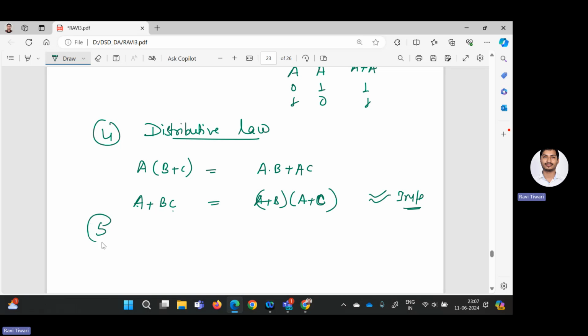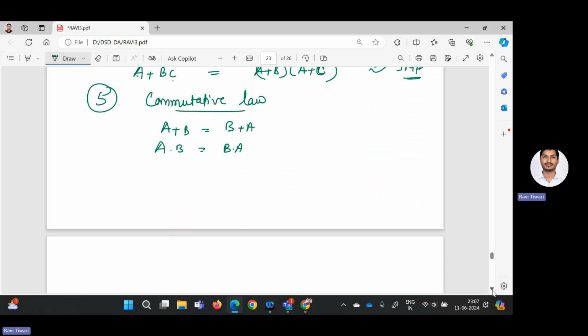Now, inside the Boolean algebra, the fifth rule or theorem is the commutative law. This commutative law says that A plus B is equivalent to B plus A. Similarly, A dot B is equal to B dot A. So either you take A plus B or B plus A, both are the same thing.